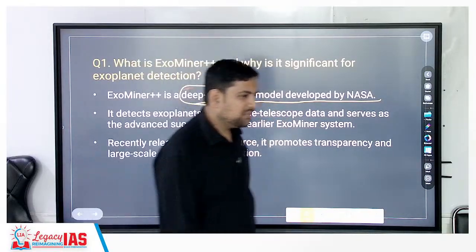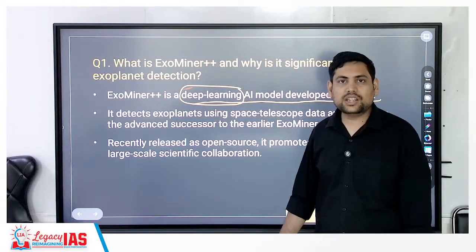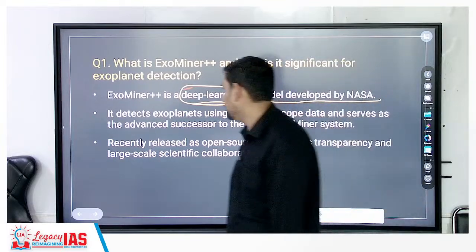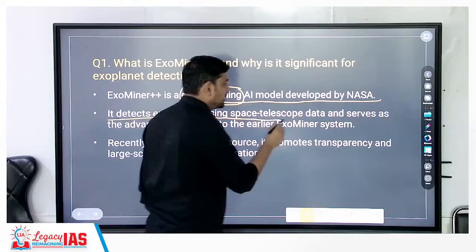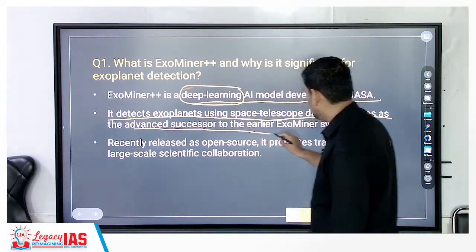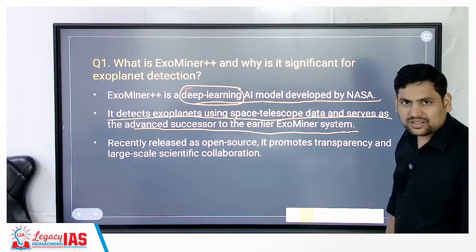Now, ExoMiner is not some satellite or anything that is going. The main thing here is the analysis of whatever data comes through. First thing is it detects exoplanets using space telescope data and serves as the advanced successor to the earlier ExoMiner system. So there was an ExoMiner system earlier also.